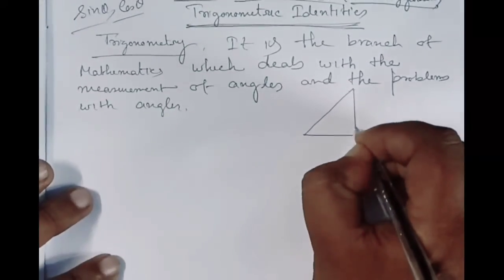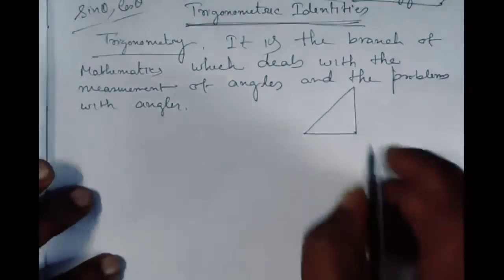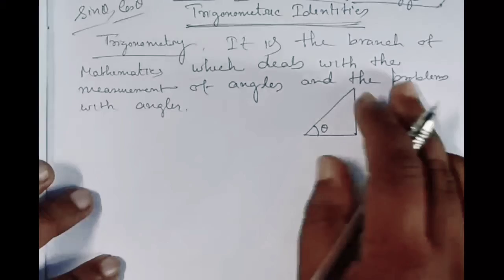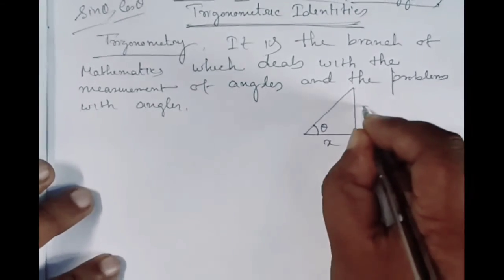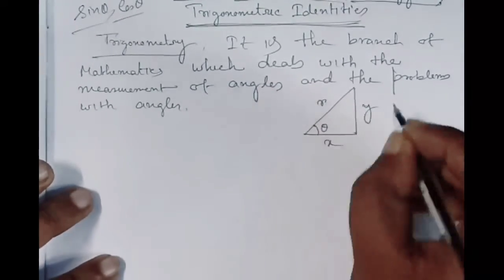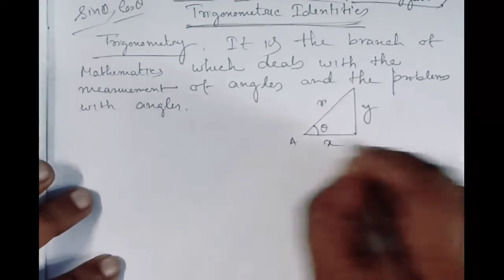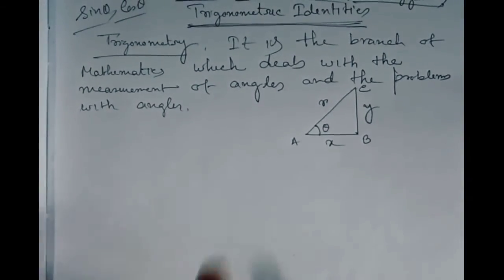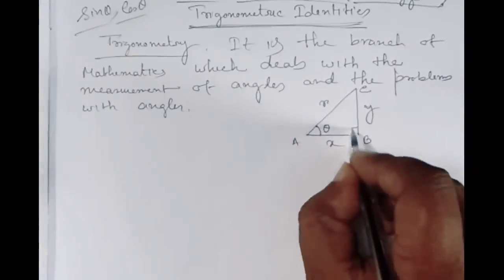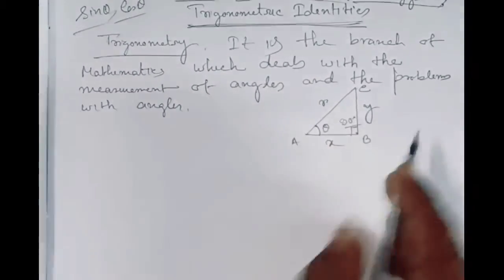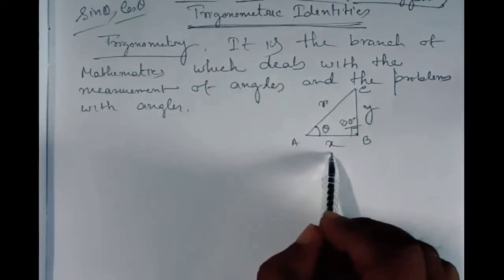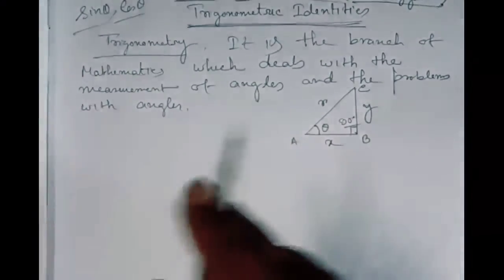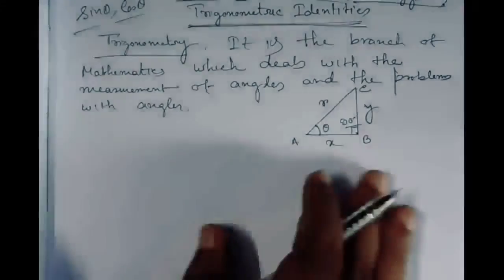This is the right triangle. This is theta, this is x, this is y, this is r, A, B, C. So this angle is 90 degrees obviously. So this is the base, height and hypotenuse.